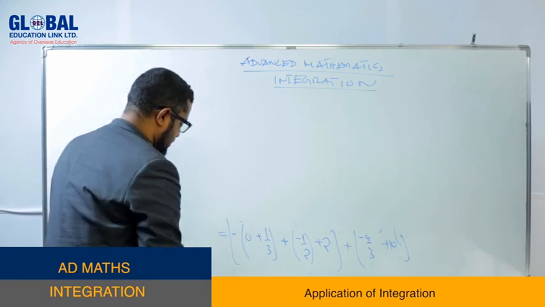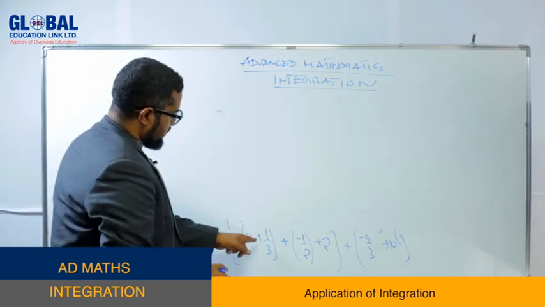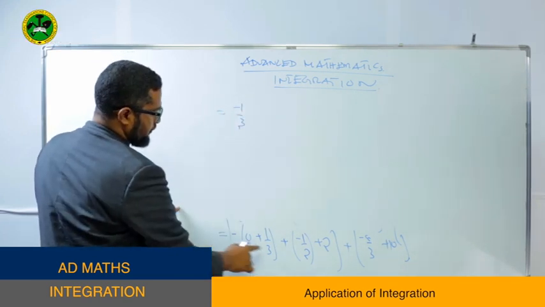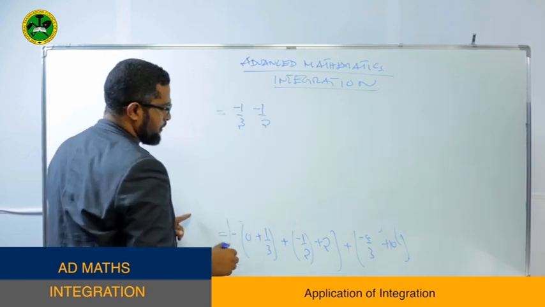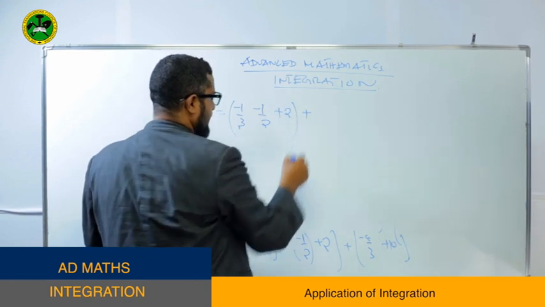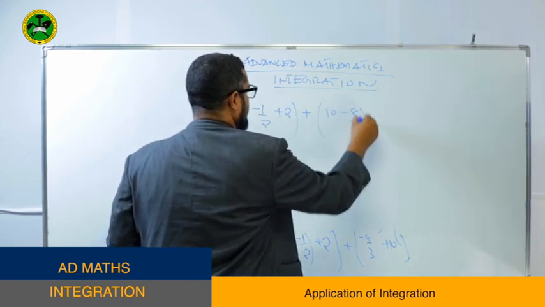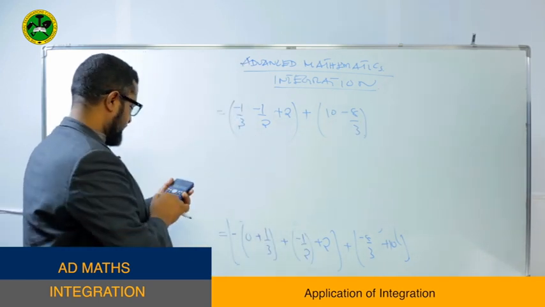Okay, we are about to finish our question. So here we'll have negative 1 over 3 because of this negative, and this one will be equal to negative 1 over 2, then plus 2. We add up with 10 minus 8 over 3. It's time now to use your calculator to simplify.